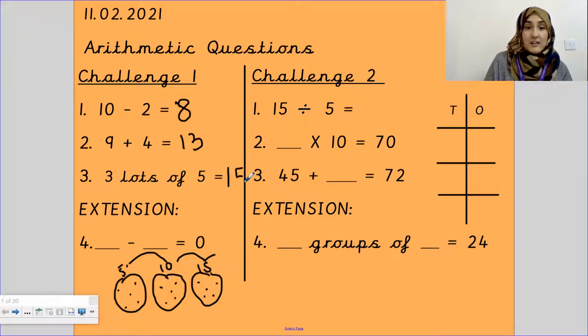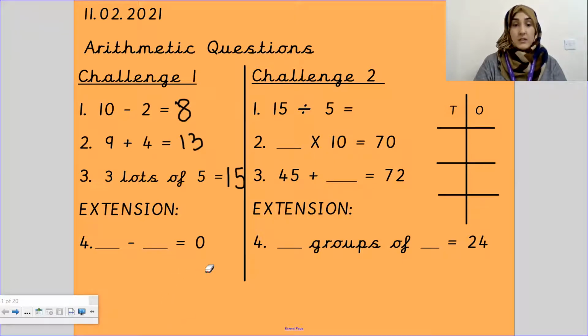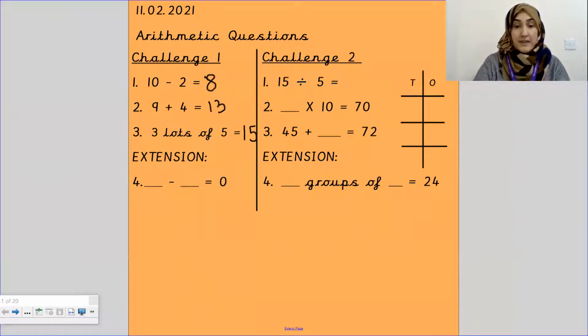Well done. Good job. Okay, next we have our extension and it's something take away something equals 0. Now this one is quite a simple one because you can do a number of variations. I'm going to extend my page so I have more space.